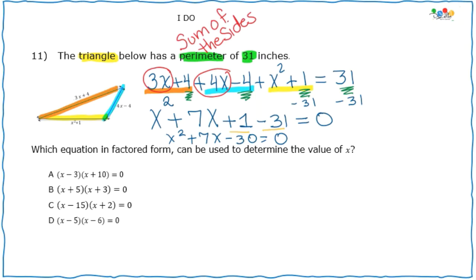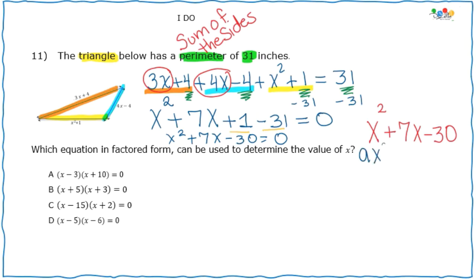So if you remember, we need to rewrite, and I'm going to rewrite my answer that I got over here. So I have x squared plus 7x minus 30. So what I want you to do next is I want you to write down the standard form right below that.